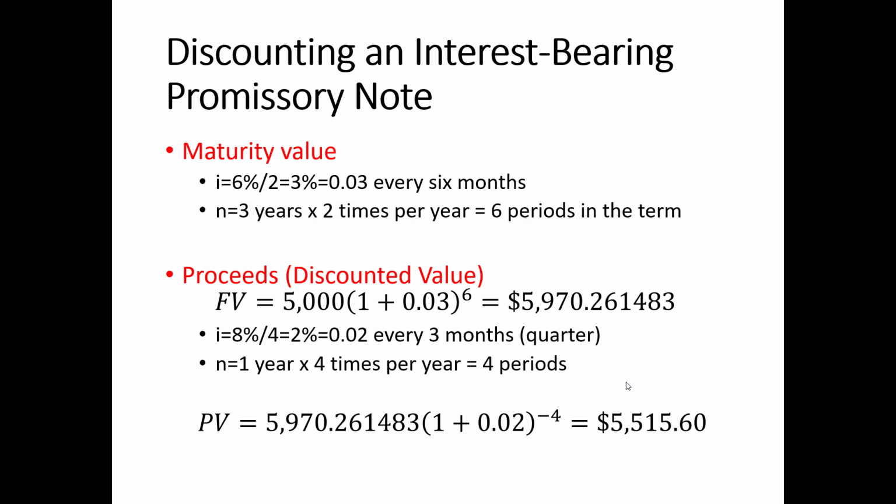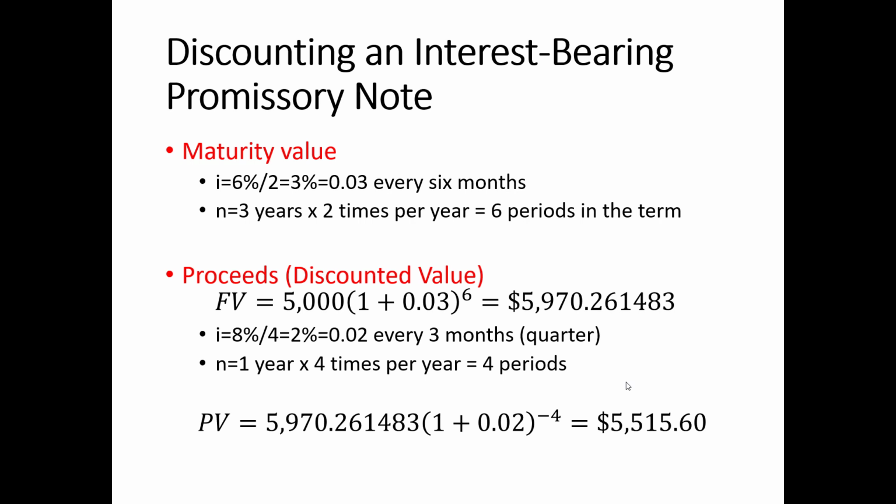It's done. Now we have to discount that back to the date of purchase or the date of sale, depending on your perspective. And we discount that back at the second interest rate, which was 8% compounded quarterly. Okay, and that's 0.02 per every 3 months or per quarter.